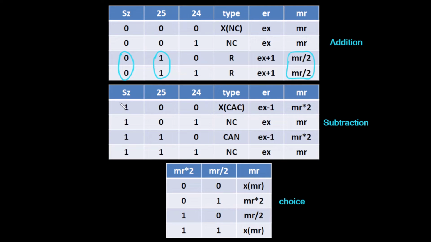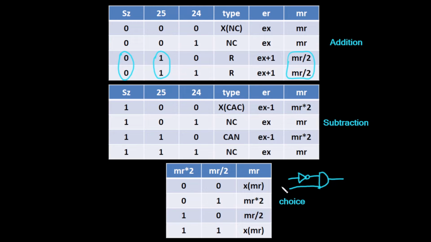So that means that all we need is a little circuit that's going to take in the value for SZ, and whenever SZ is low and bit 25 is high, then we know we're going to have our MR divided by 2. So we could quite simply put the SZ in, put it through a little inverter, and then put the value for bit 25 and pop that through a little AND gate, and that would head out to the output.